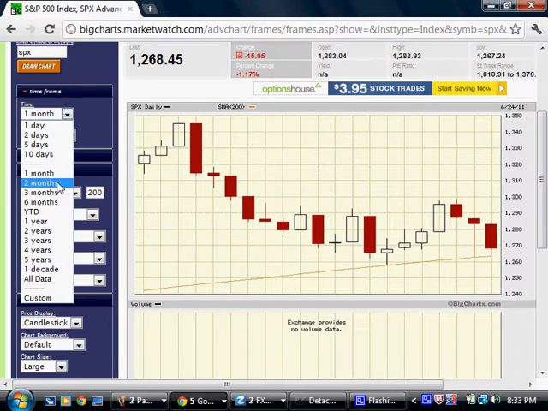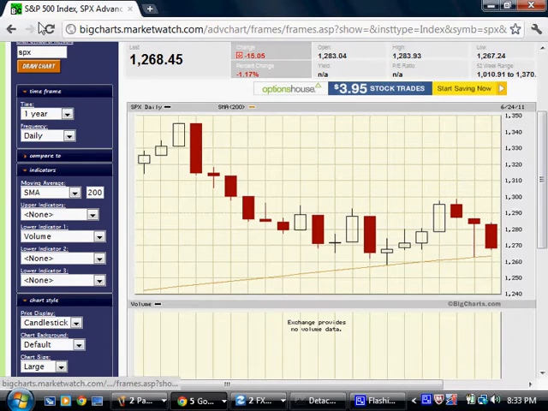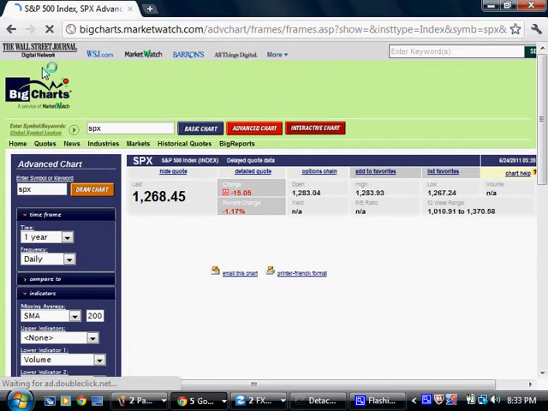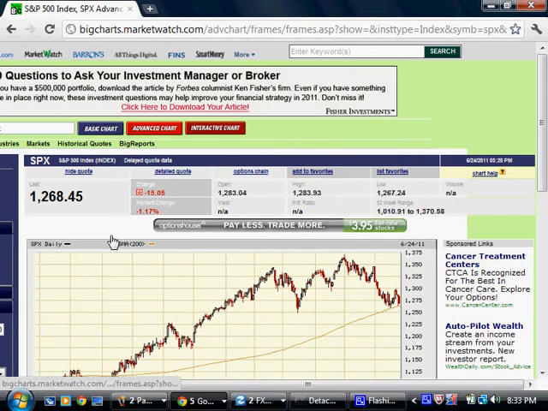But for now, what you want to keep an eye on is a break below the S&P's 200-day moving average, which would come in right about here, and a break to the 1250 level. On Friday, we saw what was a classic bear market move. The market opened lower, it tried to rally around midday, and then it sold off. So it's probably going to open lower on Monday.